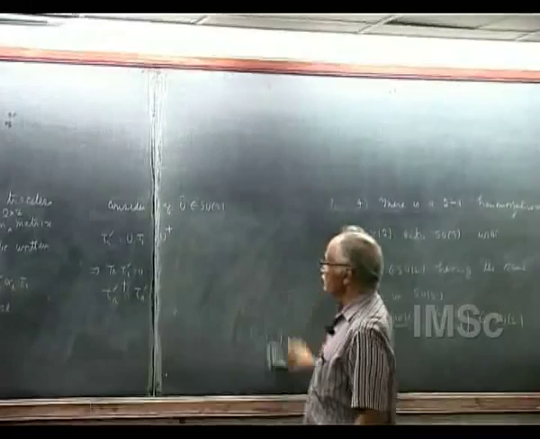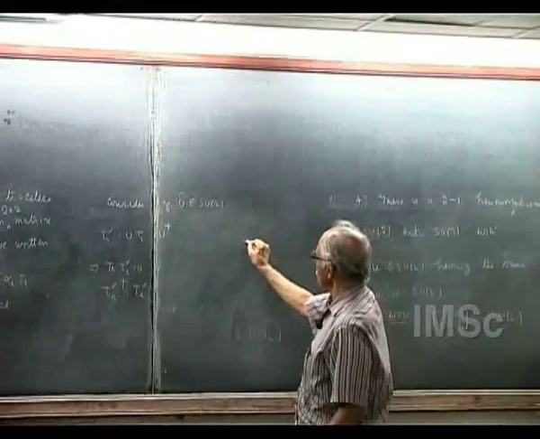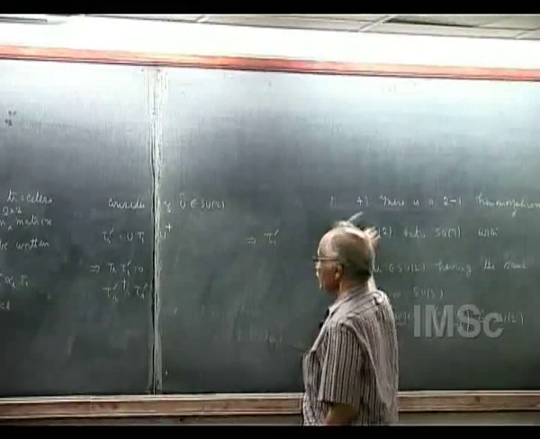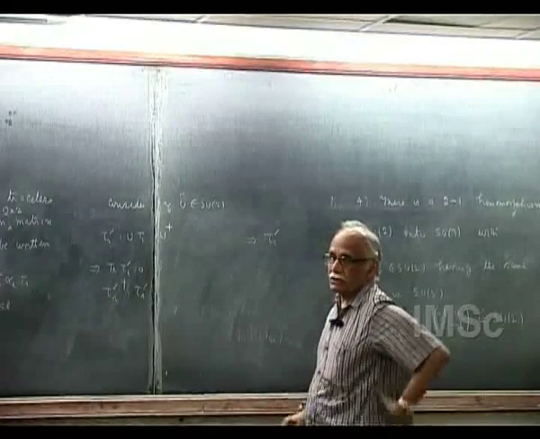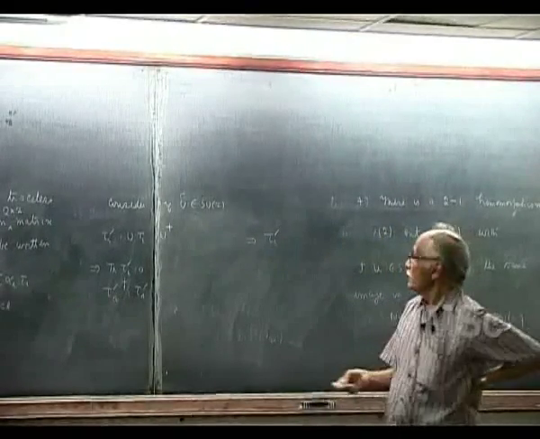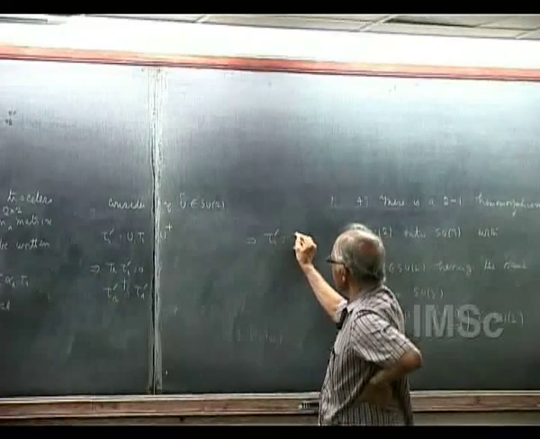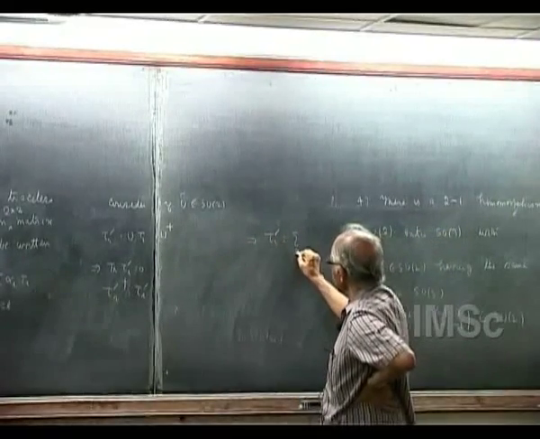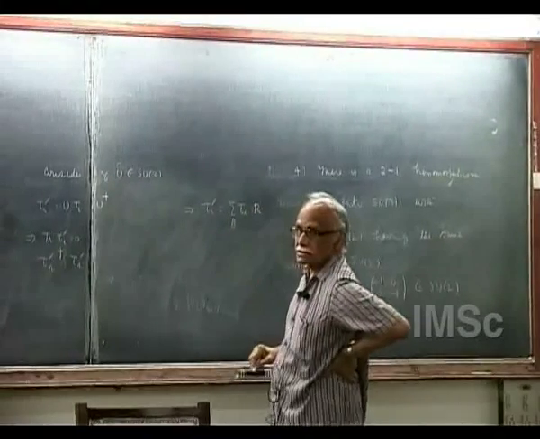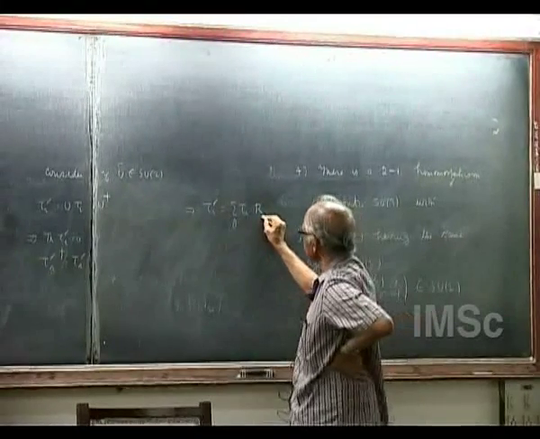So I know that this object here is a real linear combination of the original Pauli matrices. So I write this as summation over j of tau j times some coefficients of the linear combination.